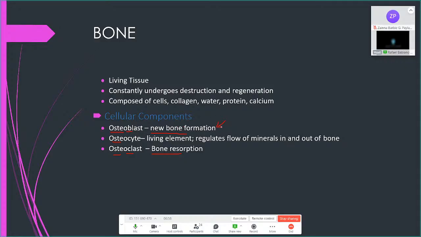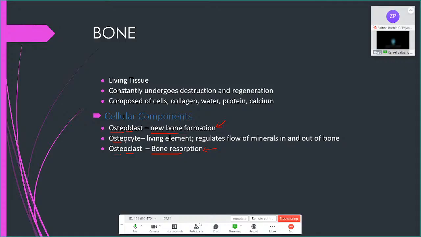This one makes bone, this one breaks bone. But actually they work with each other to make the bone stronger. The osteoclast removes the parts of the bone that are weak and need to be replaced, and the osteoblasts make the bone stronger by putting in new bone.